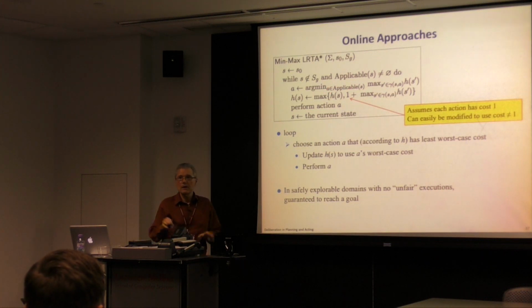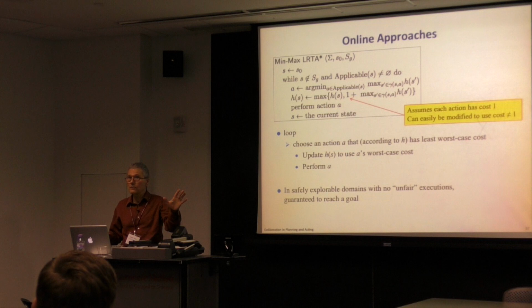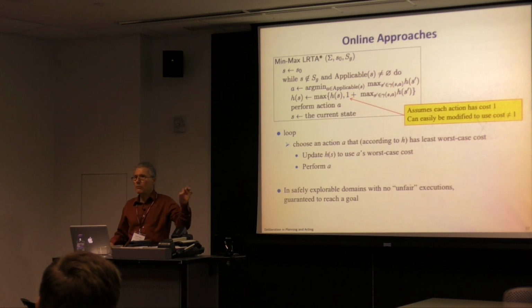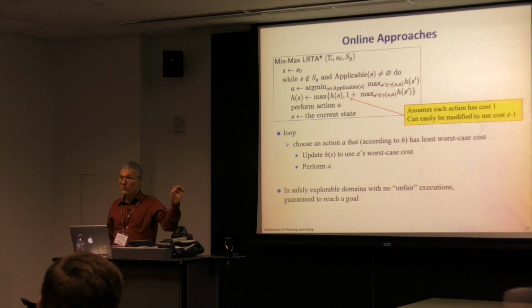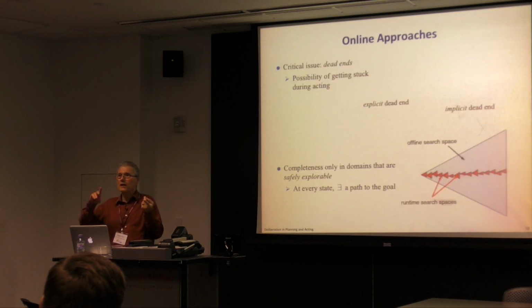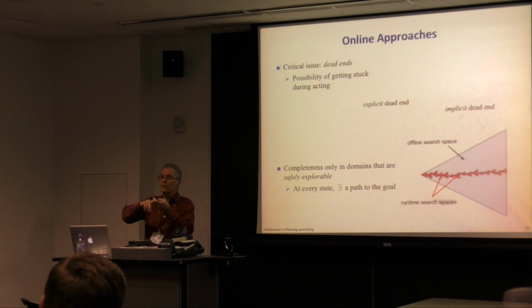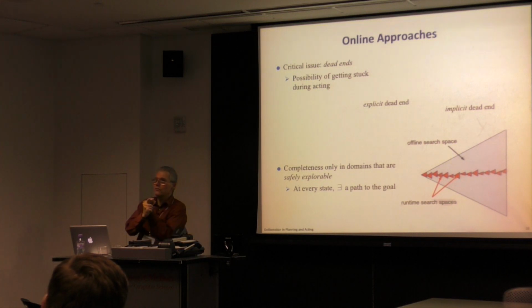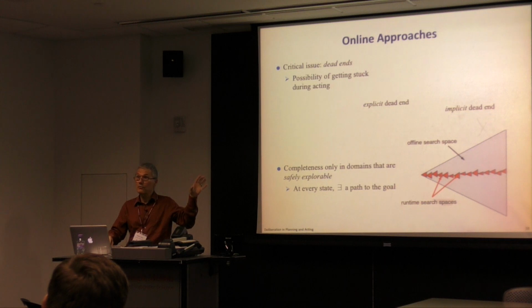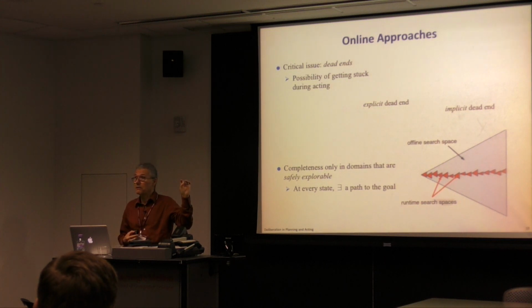Basically, if there are several applicable actions, then for each one of them, it will look at the heuristic value of the worst possible outcome. So if an action leads to 3 states, one of which has a value of 2, another a value of 3, and another a value of 5, then the heuristic value we're going to associate with that action is 5.